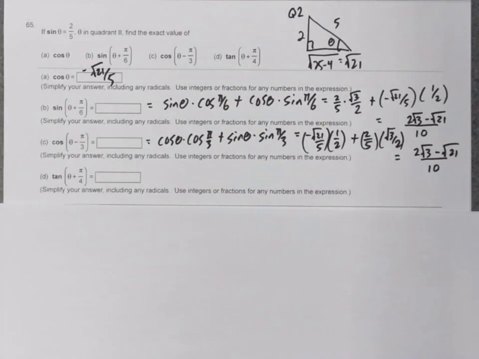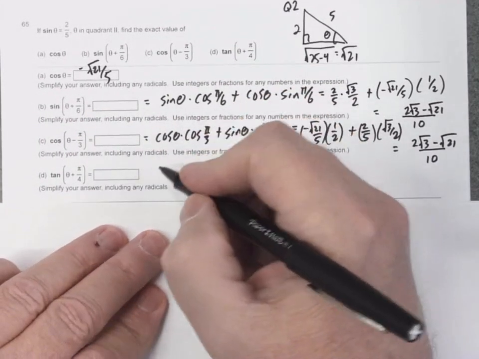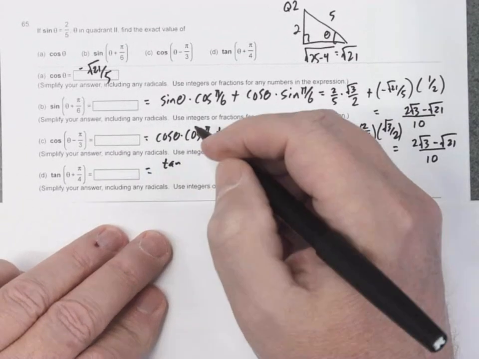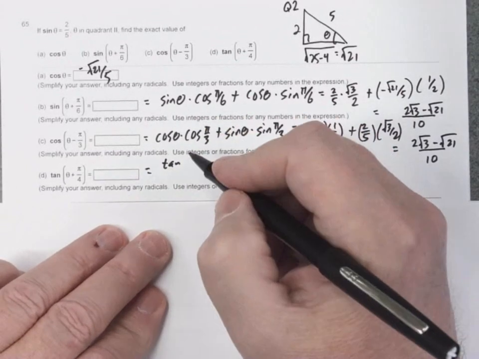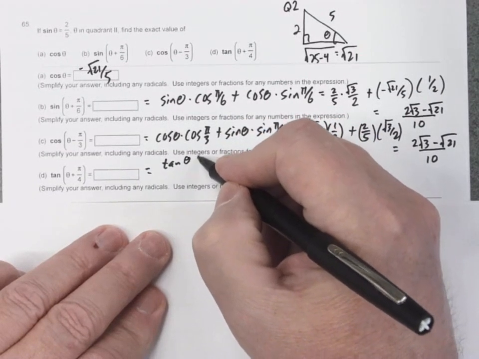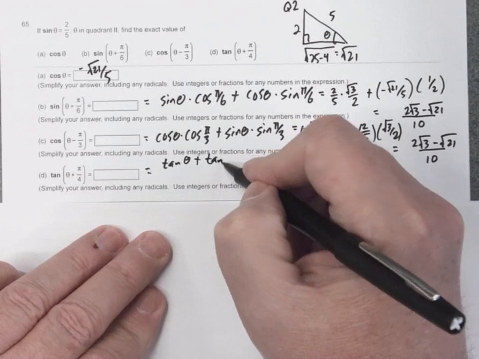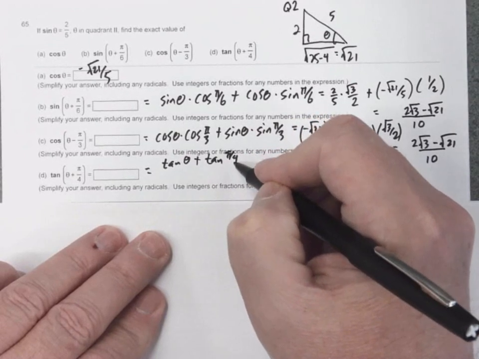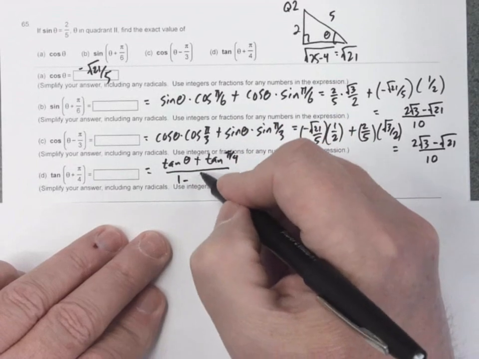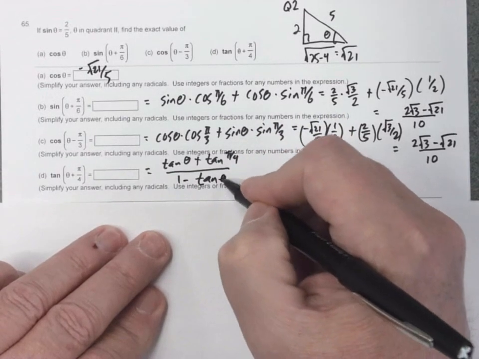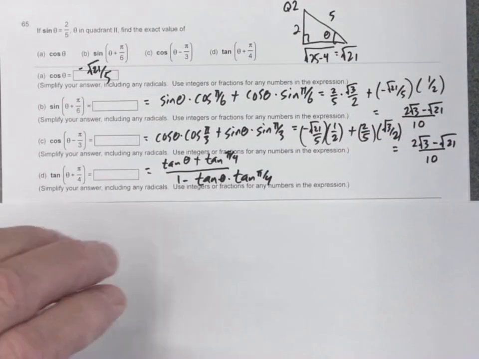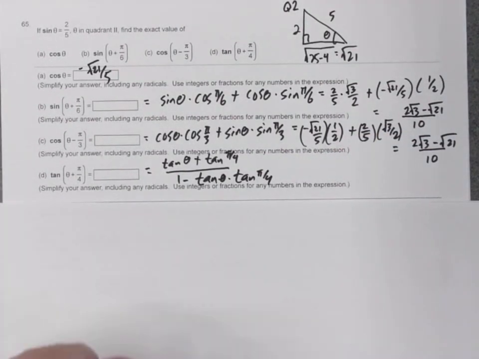Let's just write this out. So it's going to be tangent of theta plus tangent of pi over 4 over 1 minus tangent theta times tangent of pi over 4.